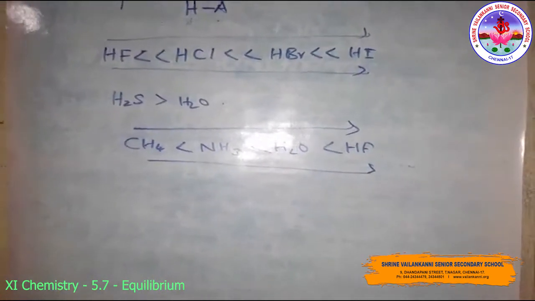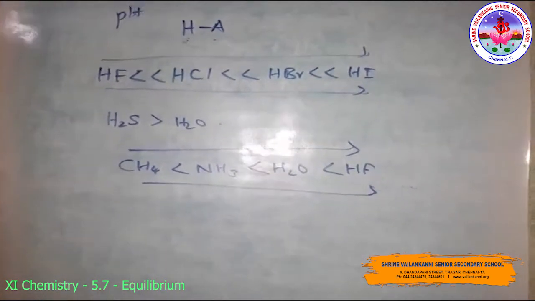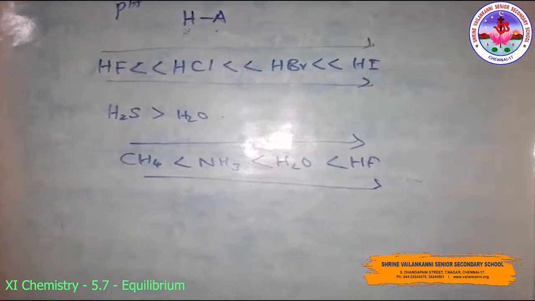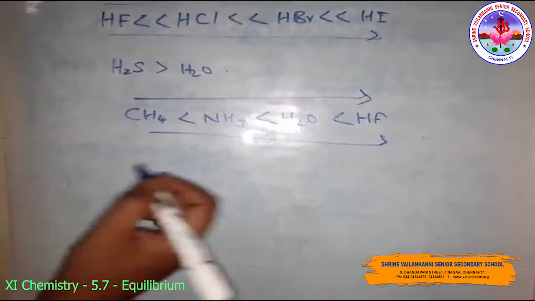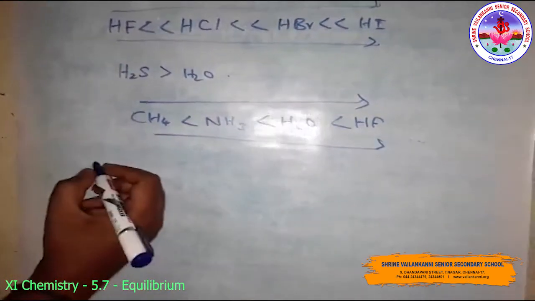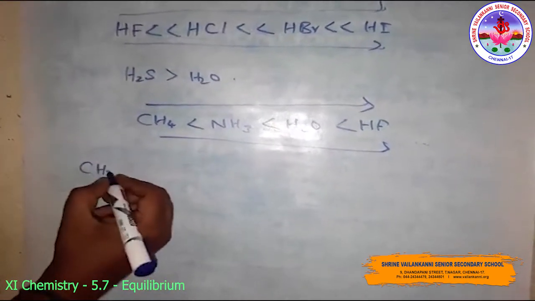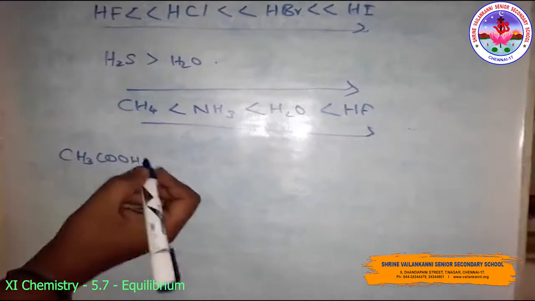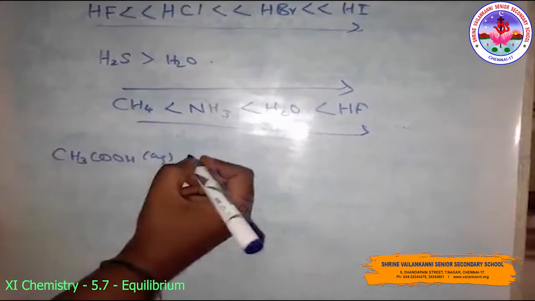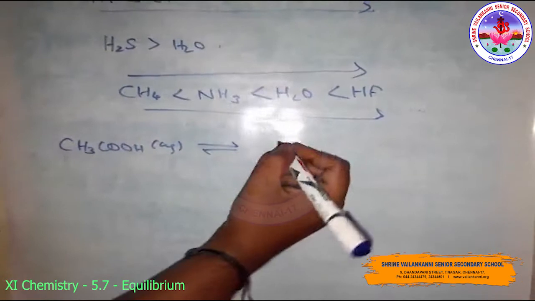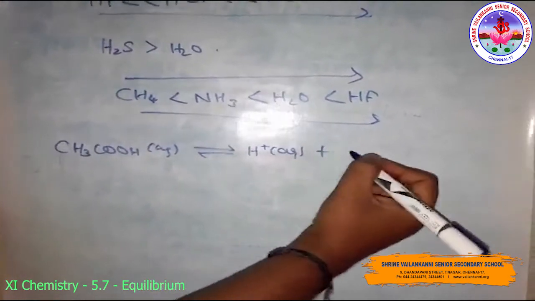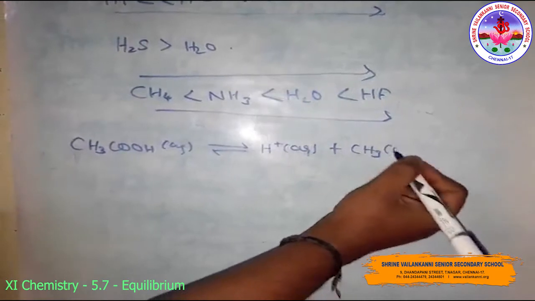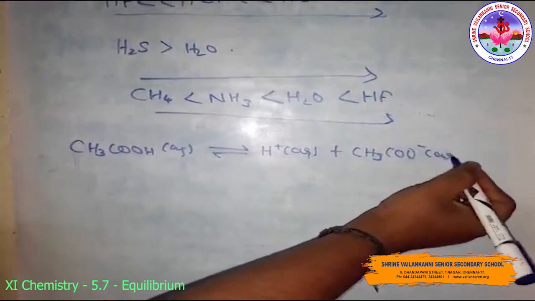Then common ion effect in the ionization of acid and bases. See, suppose you take the acetic acid dissociation equilibrium, we can write like this: CH3COOH aqueous dissociates to H plus aqueous and CH3COO minus aqueous.